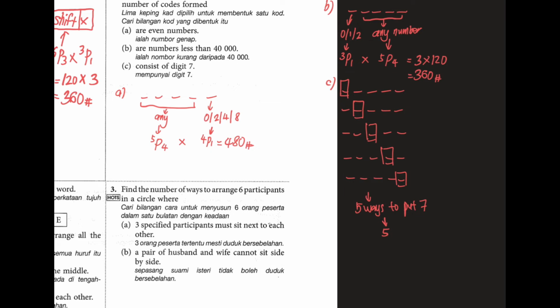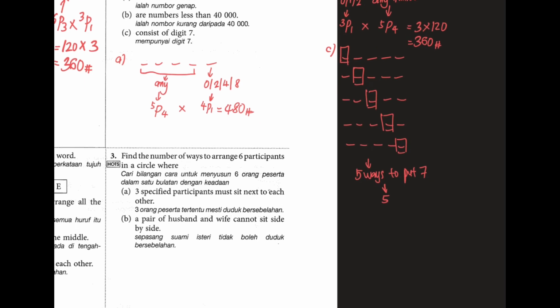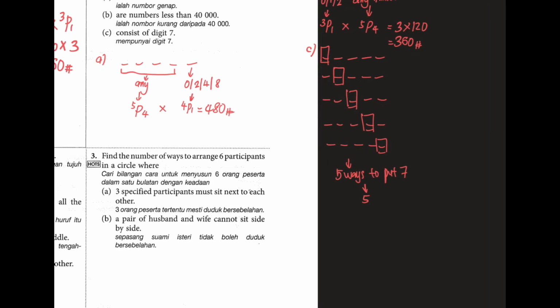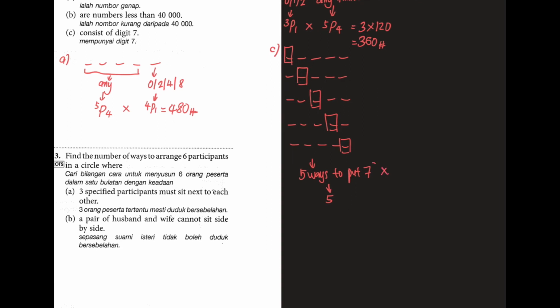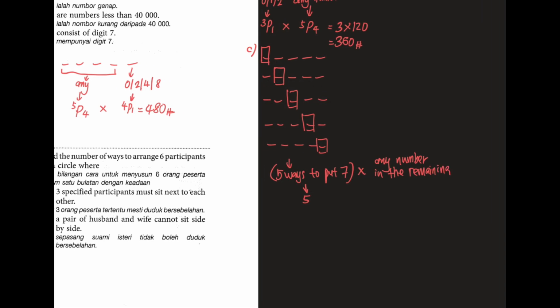Multiplication rule I'm trying to do like this. 5 ways to put 7. Okay, then after you put 7, we still have remaining of 4 positions, and you can put any number in the remaining 4 positions.